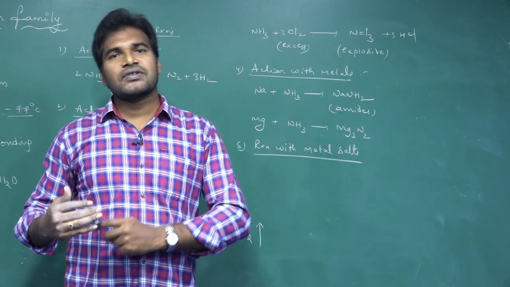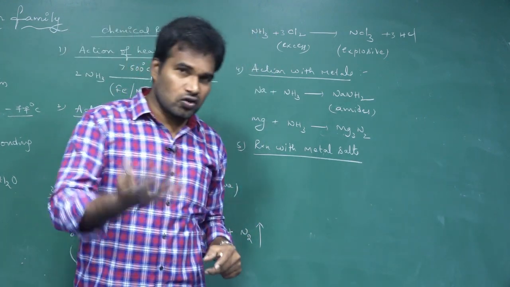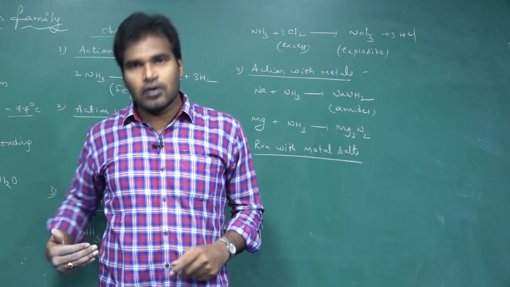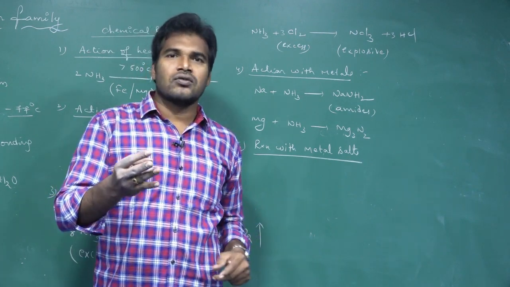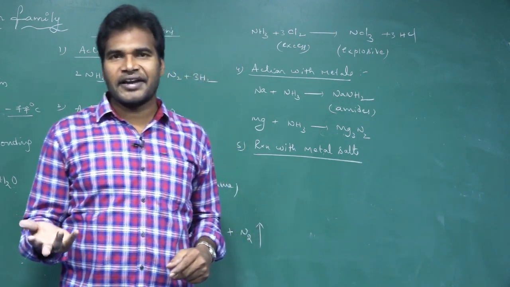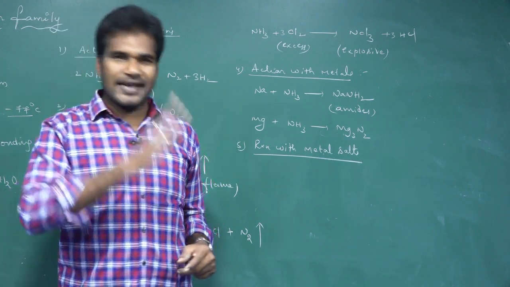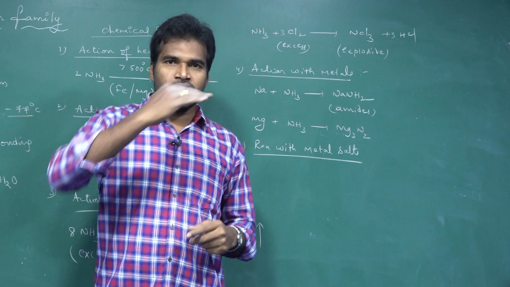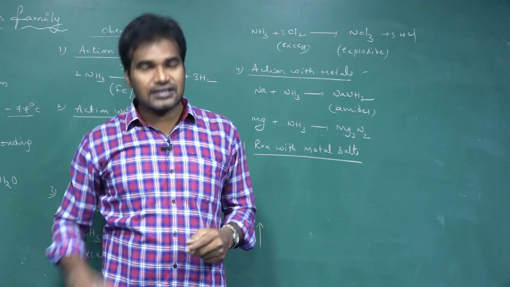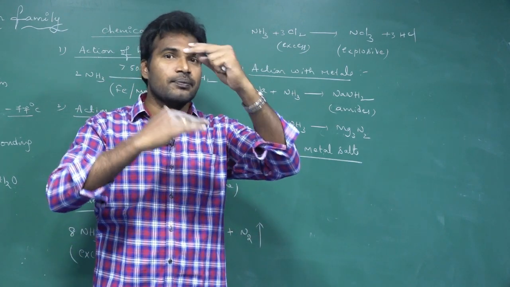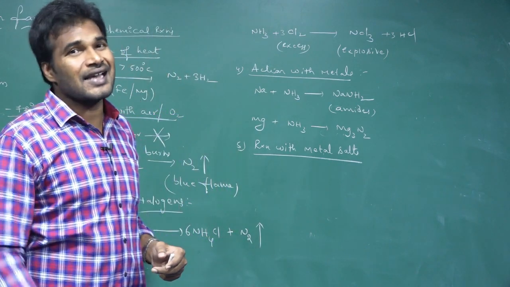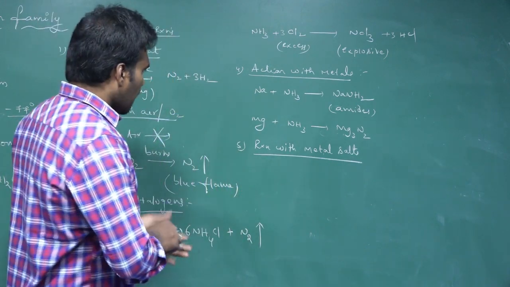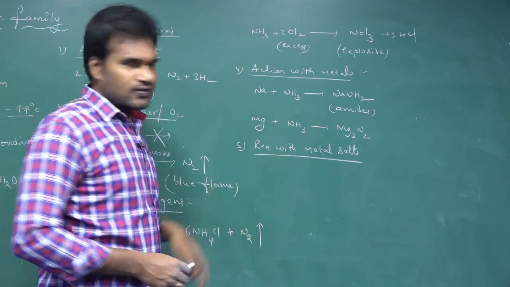The metals above hydrogen are strongly reactive metals. Below hydrogen are copper, silver, gold, mercury, platinum. These are less reactive metals. So we categorize all metals into 3 categories: highly reactive metals, less reactive metals, and the metals in the middle, which we call moderately reactive metals. So I am categorizing the metal salts into 3 categories.